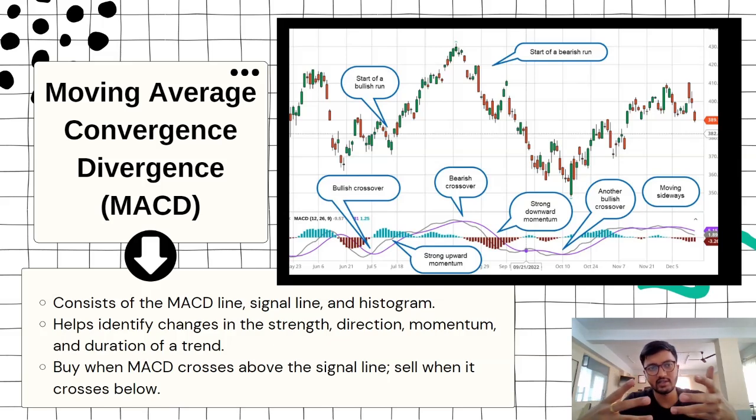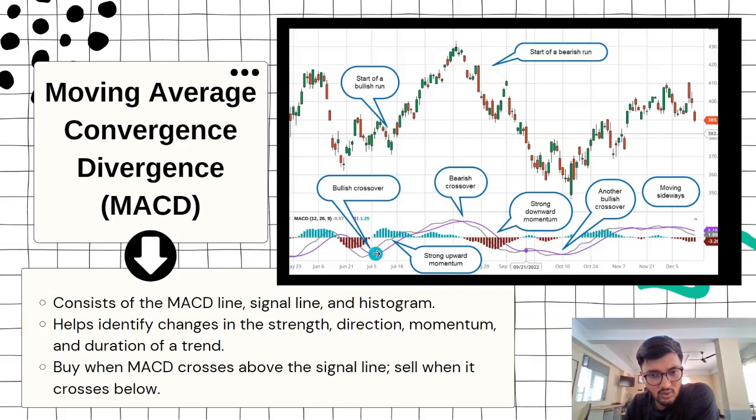So again, it is a moving average, but it gives you a clear indication of where the market is going to head. It consists of the MACD line, signal line, and histogram. It helps identify change in the strength, direction, momentum, and duration of a trend. So you can see there's a lot of things that this is trying to explain.